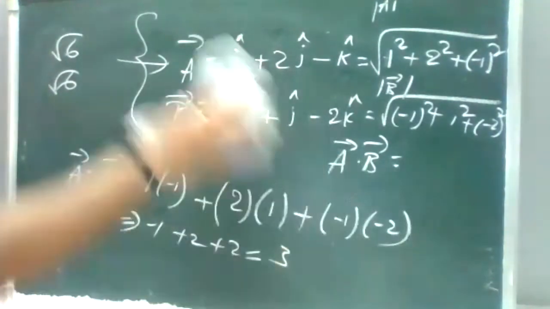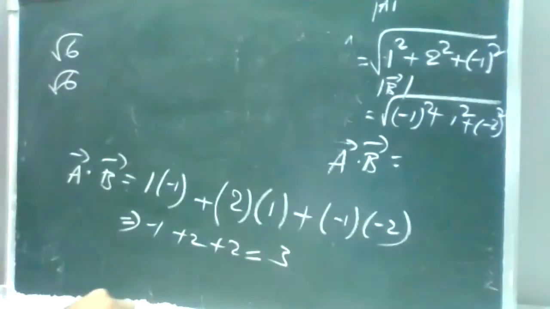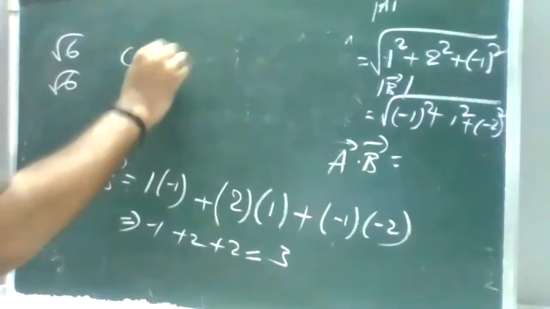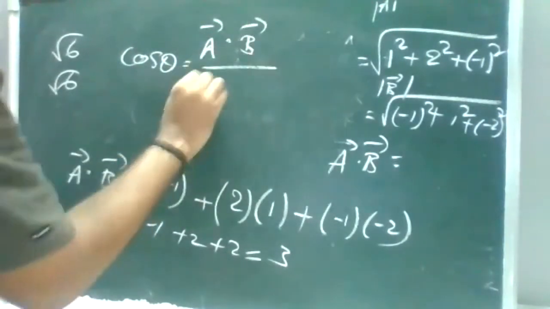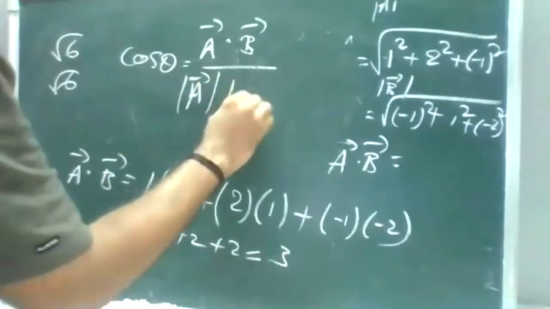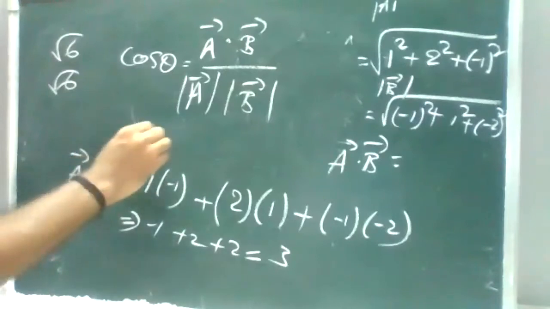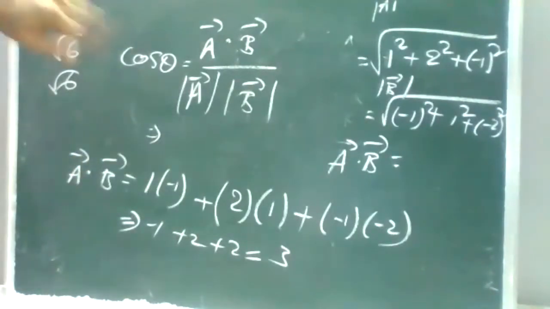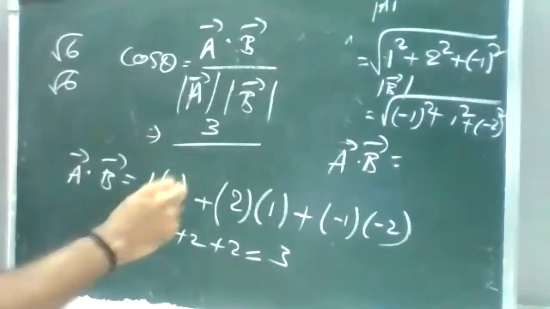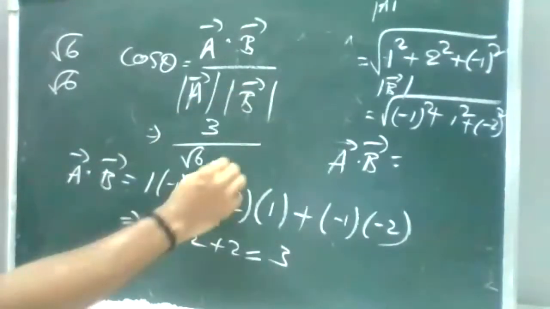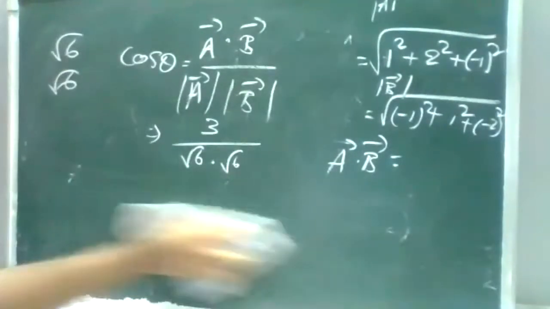Now we are going to find cos theta. What is the cos theta formula I told you? Cos theta is equal to a vector dot b vector divided by magnitude of a vector and magnitude of b vector. a dot b is 3, magnitude of a is root 6 and magnitude of b is root 6, so root 6 whole square is 6.